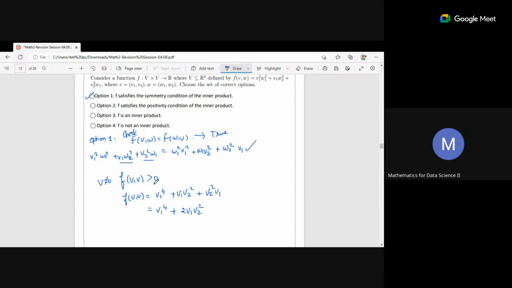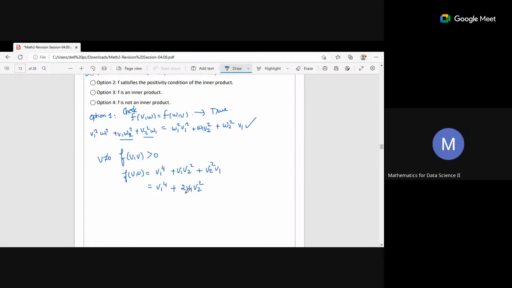So this is f of V comma V. From this can we conclude that it is positive? Only if there are square terms and powers of even numbers can we say so, but here there is something else. Whenever you have an unsure condition, then it is possible that it is not correct. Whenever you are not able to conclude from this, then it is possible that it is incorrect. So you need to find a counter example.